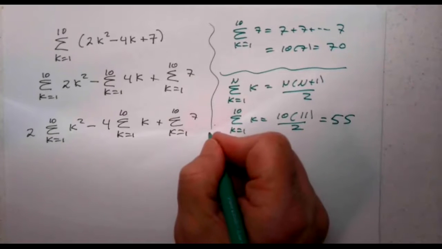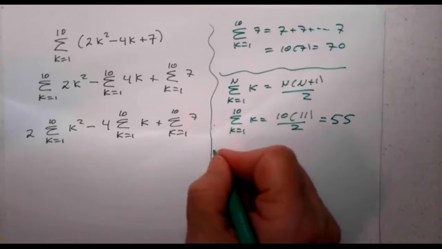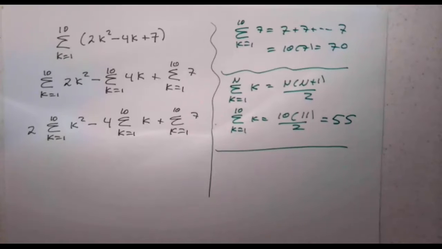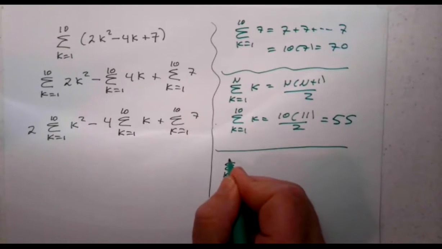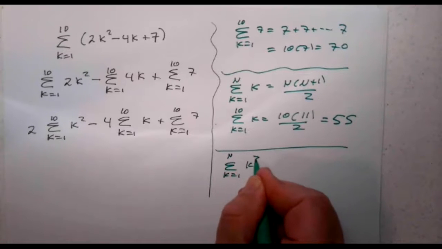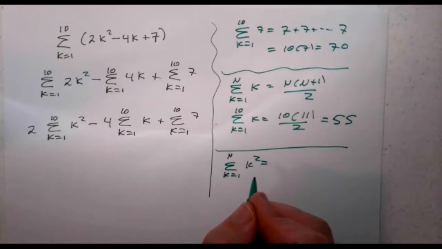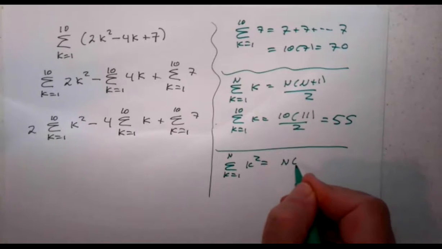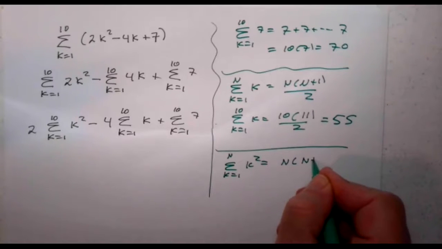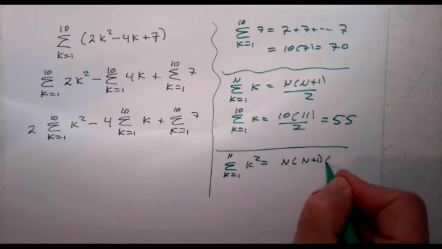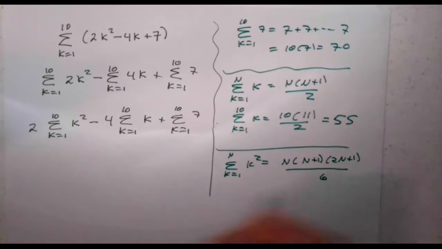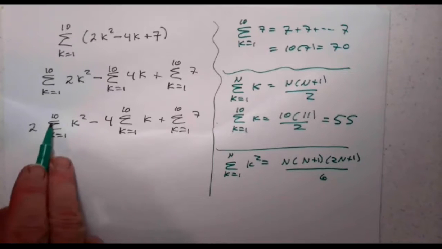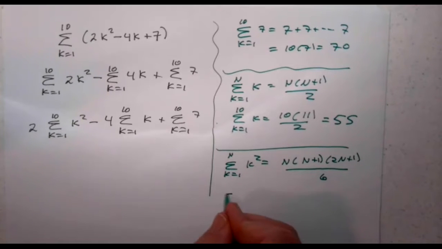And then we also need the sum as k goes from 1 to 10 of k squared. What do we have there? Sum as k goes from 1 to n of k squared equals n times n plus 1 times 2n plus 1 all over 6, except we're going to replace the n with 10.